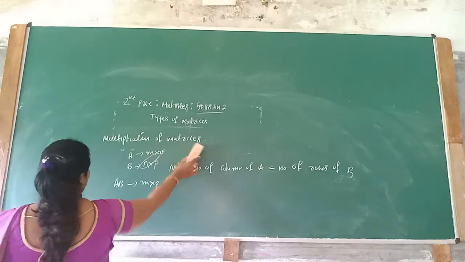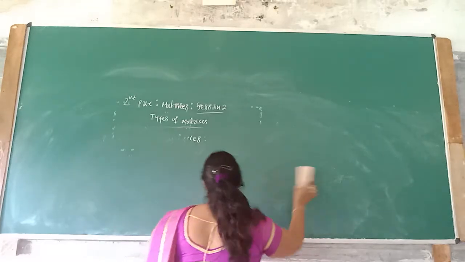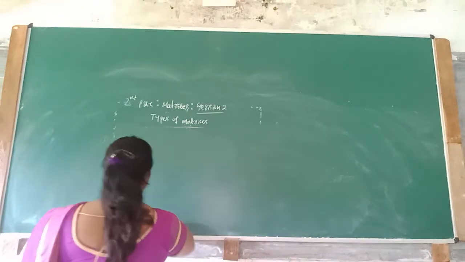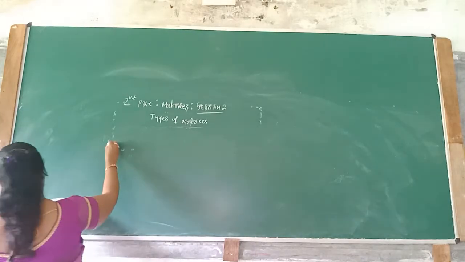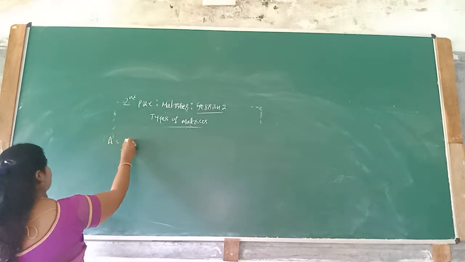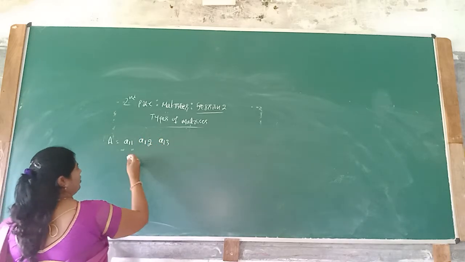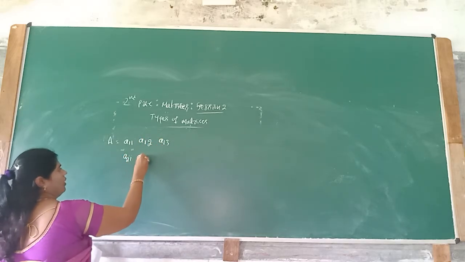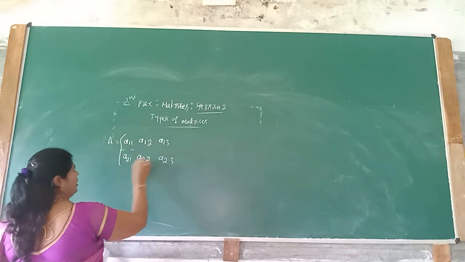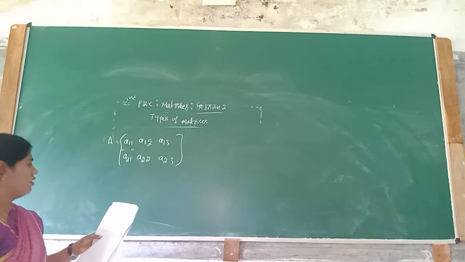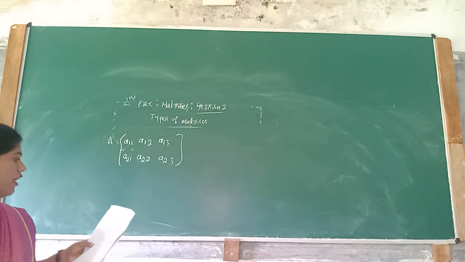This is a general example of how we are going to do the multiplication. A is equal to A11, A12, A13, A21, A22, A23.